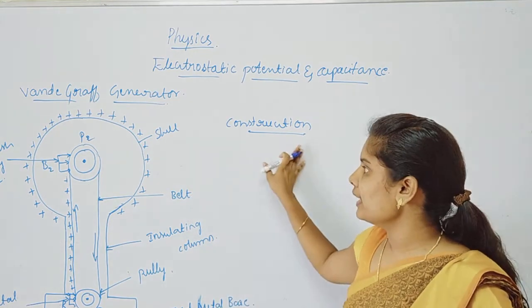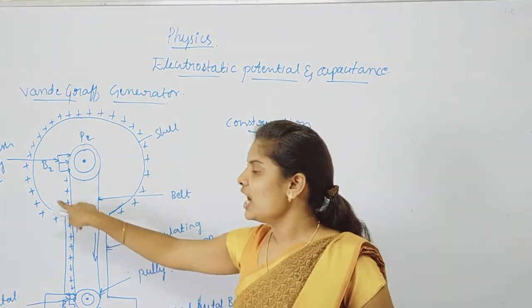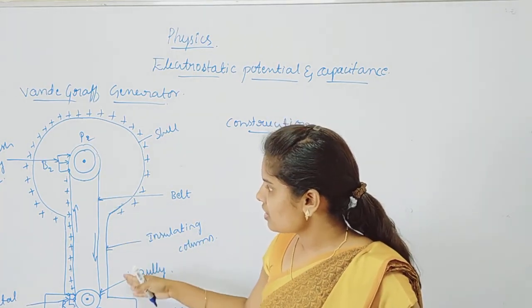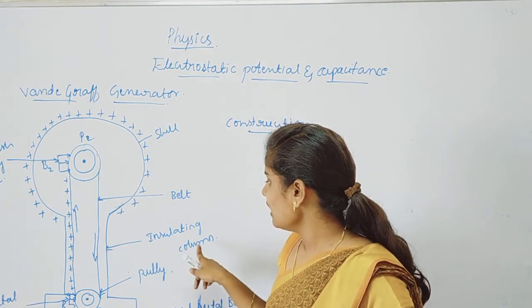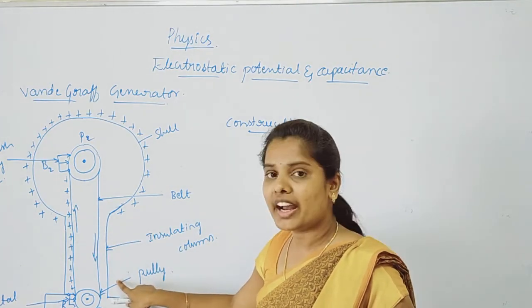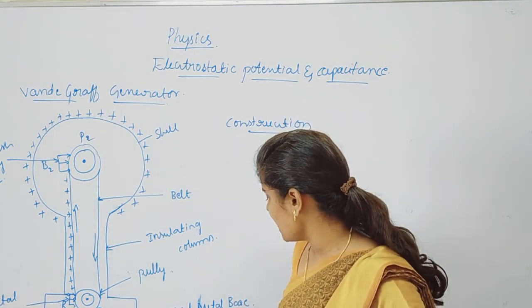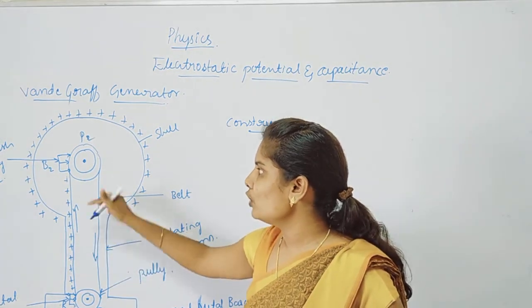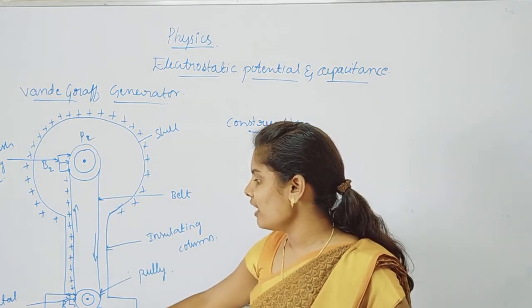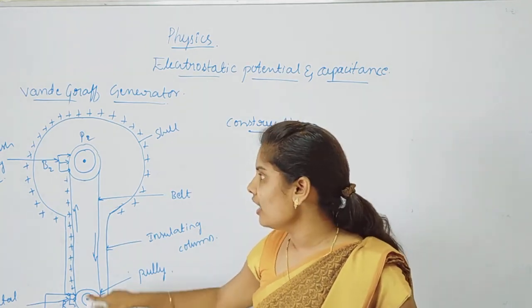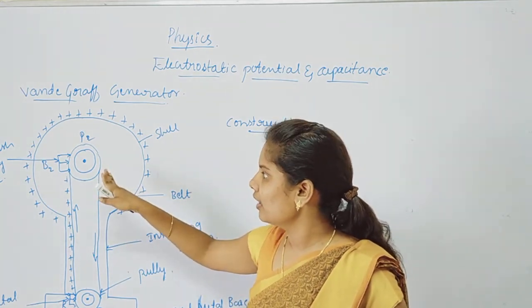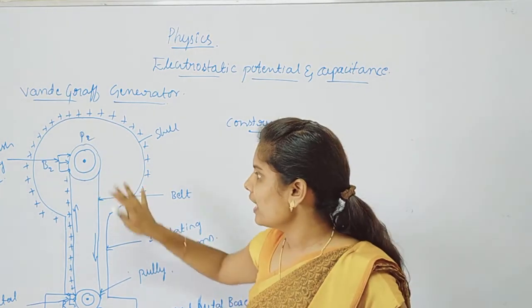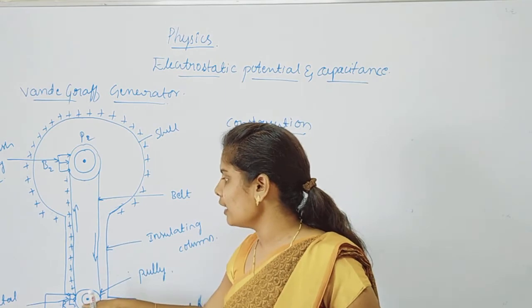Once again I will repeat the construction. A large sphere is supported by an insulating column of some height from the ground metal base, and it contains two pulleys P1 and P2. P1 is at the lower end and P2 is placed in the center of the metal sphere, connected by a belt.